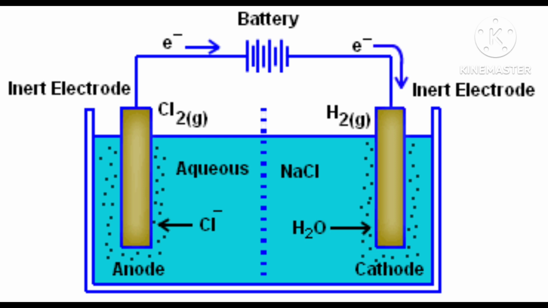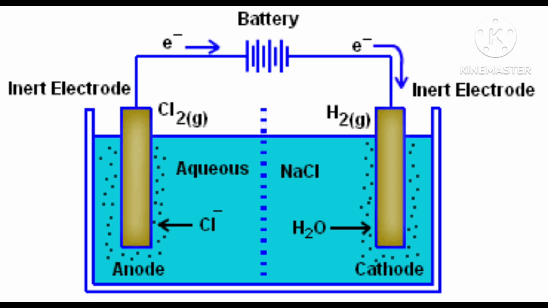The cation will take the electron and convert to the metal, correct? Then the atomic mass per electron, that weight per electron, is called the chemical equivalent. Chemical equivalent means mass per electron, correct?